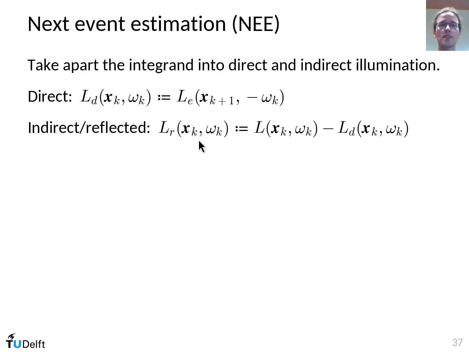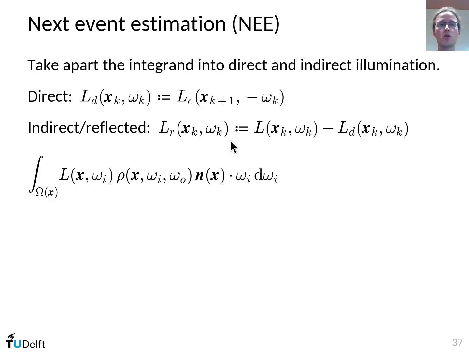And then reflected radiance is simply everything else. So here we are just subtracting the direct radiance from the incoming radiance, and we call the remainder of that indirect radiance or reflected radiance.